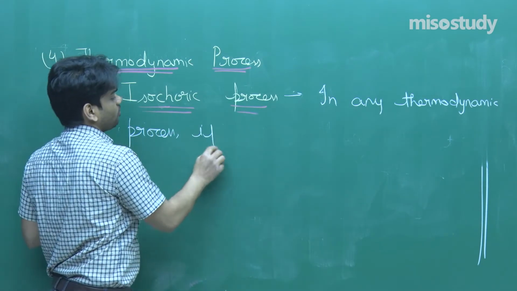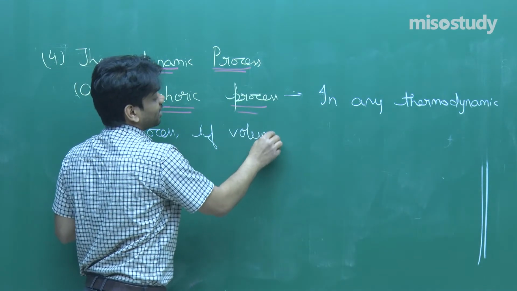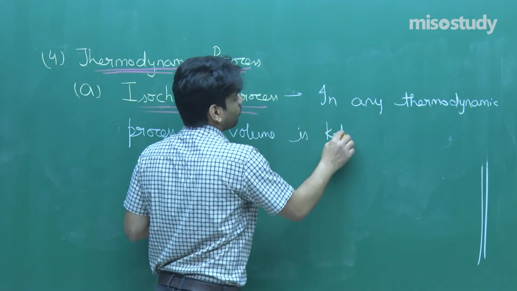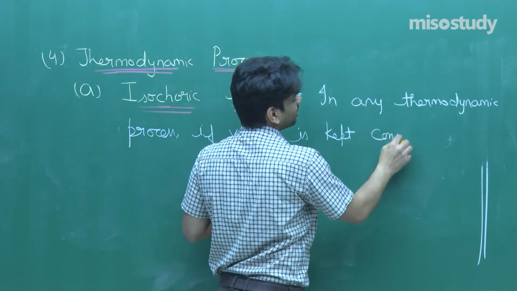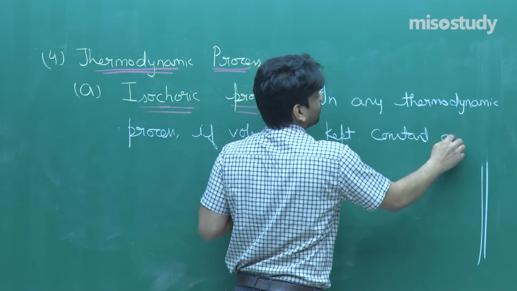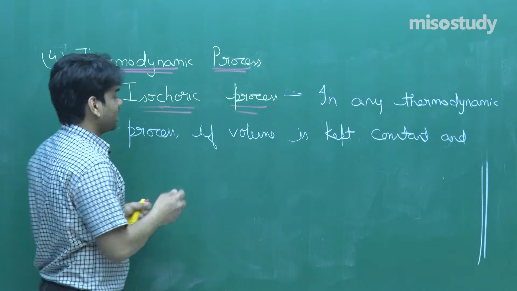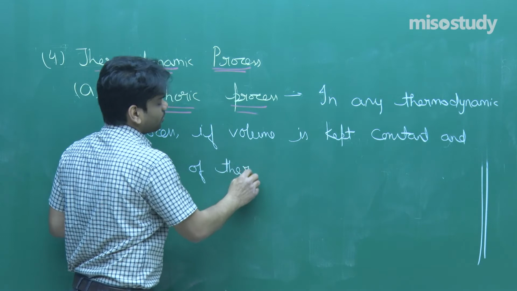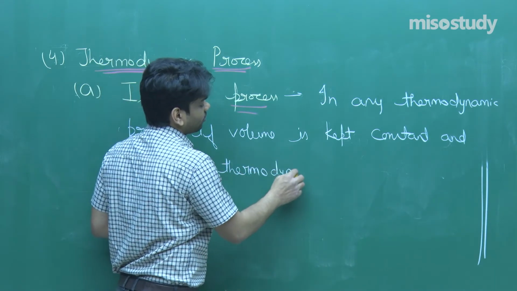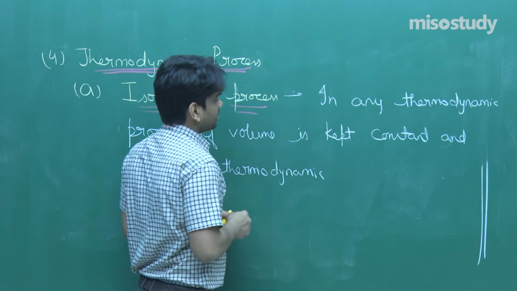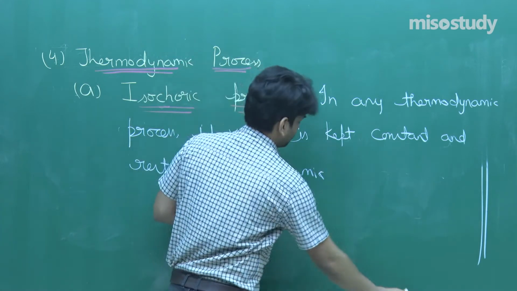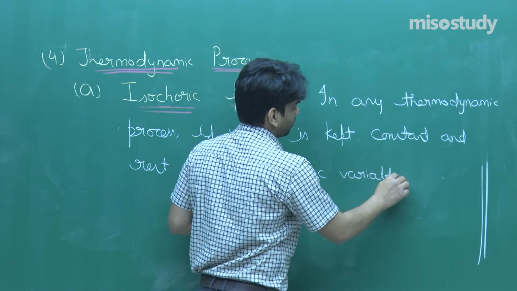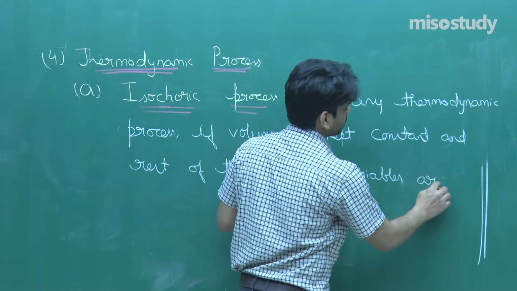Remember, if volume is kept constant and the rest of the thermodynamic variables are varied, such a process is isochoric process. Hope that you are getting each of the processes very easily.